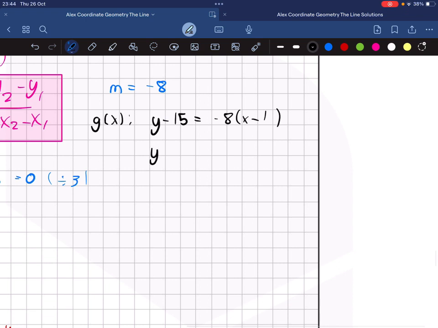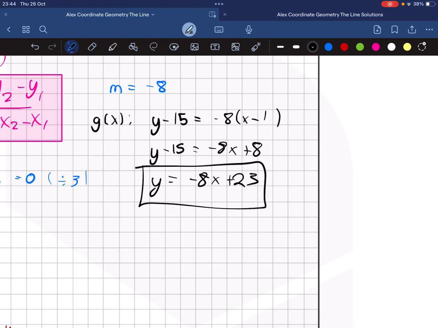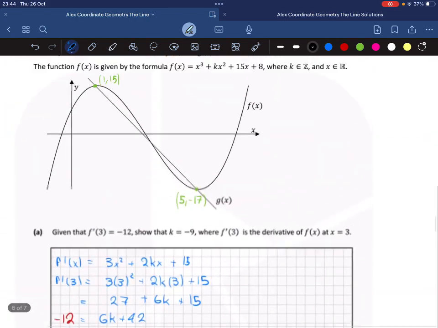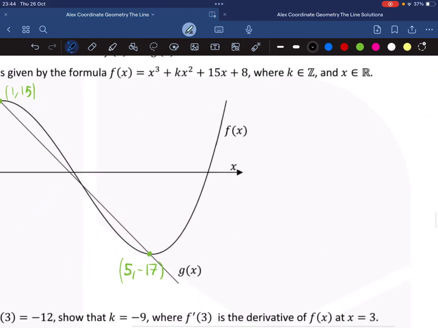Simplify all of this, y minus 15, well, that's just going to be equal to -8x plus 8. Bring the 15 over, y is equal to -8x plus 23. And this right here is my g of x. So this line, g of x, is going to equal -8x plus 23.